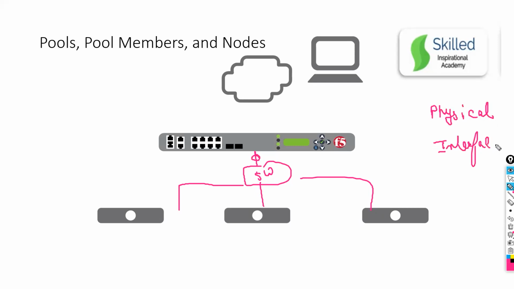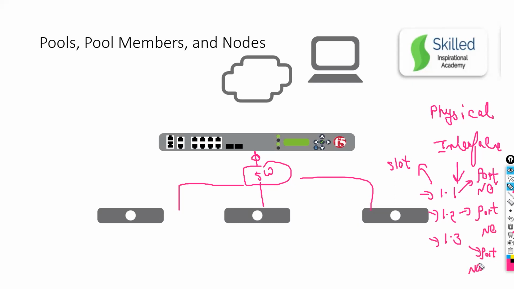And it follows the naming schema 1.1, 1.2, 1.3 like this, where the first number represents your slot number and the second represents your port number. Let's say you don't have chassis slots. You have only an F5 with one slot like this one, and these are your port numbers. Very, very important, guys.